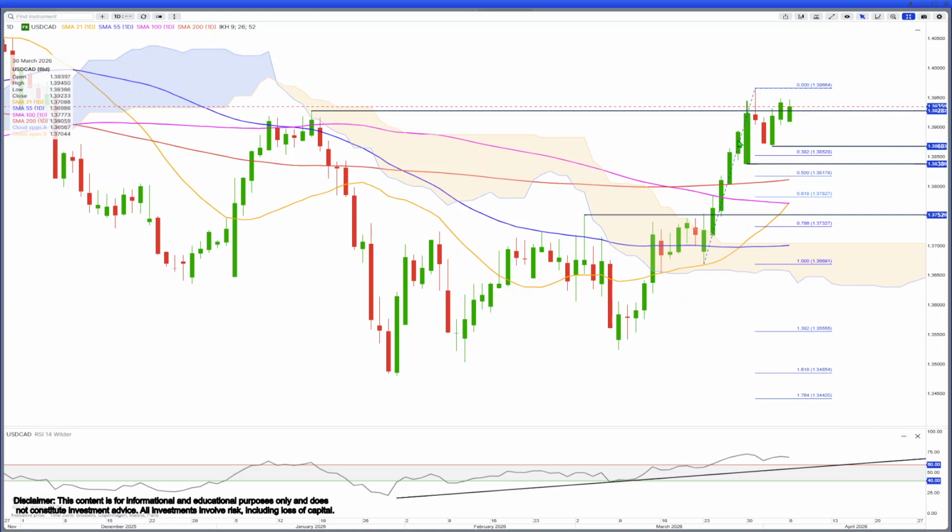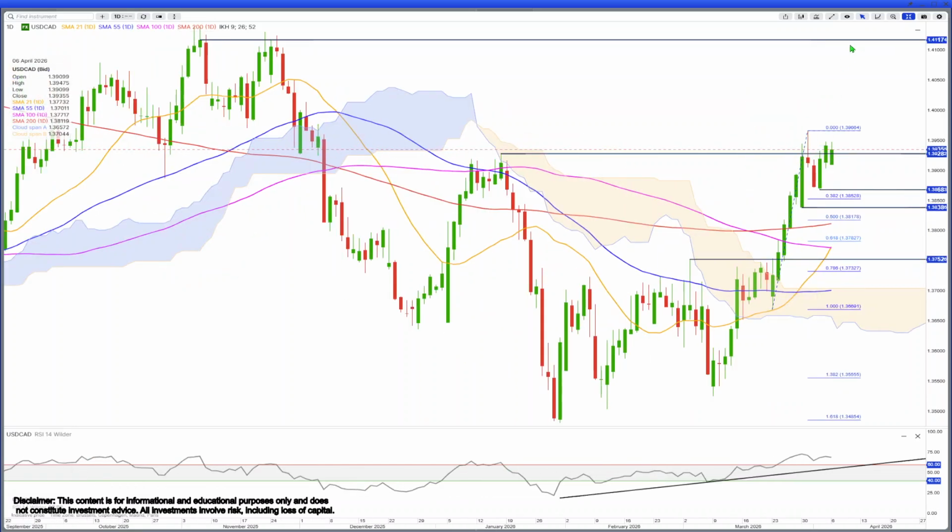However, we are still in the bullish trend with higher highs and higher lows. So as long as this scenario plays out, there is potential higher towards 141 up here, but it needs to take out that peak about a week ago.